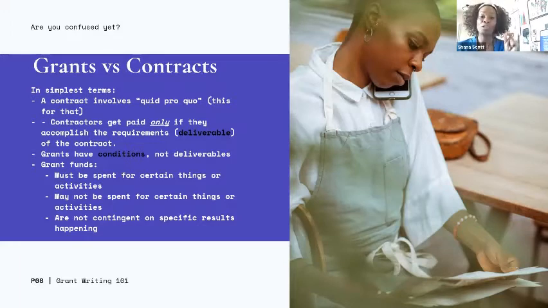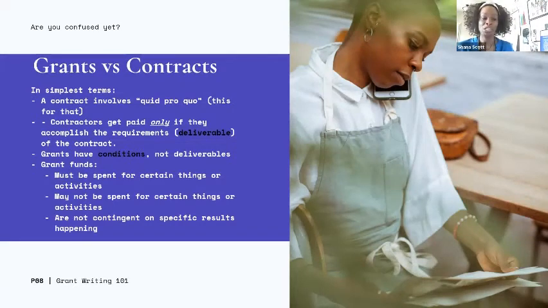You may not purchase equipment. So grant funds are not contingent on specific results happening. They are about the conditions set forth in the grant. Contracts have deliverables, grants have conditions. You won't get paid on a contract if you don't meet those deliverables. With a grant, you will get paid or not paid based on the conditions.